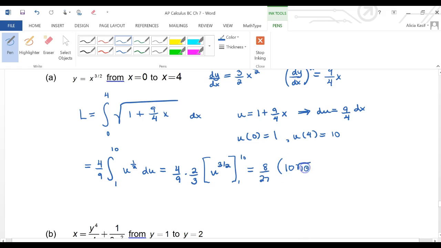You could possibly see your answer written like this, or maybe even distributed. I don't know how far they're going to go. This is fine. If it says a no calculator problem, this could be a non-calculator multiple choice problem, so you should be able to evaluate it.